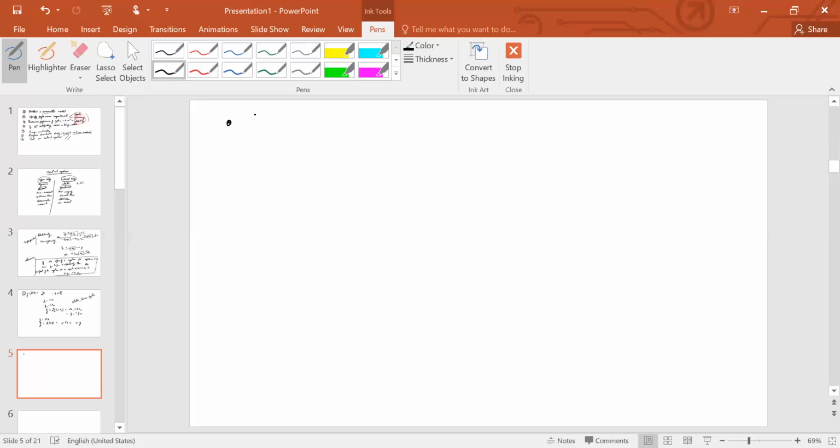So first is check for y is equal to 2x plus 1, where x is this. The next example is, let's say, y is equal to x squared plus x, where x is a real number.